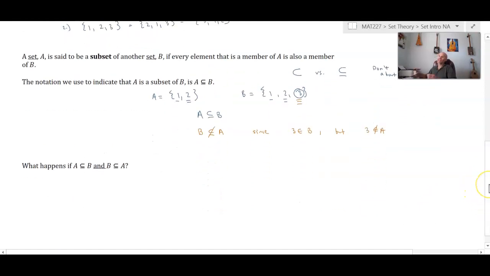Now, an interesting fact can happen, and the question we might have is, well, what if they're both subsets of one another? Well, if I think back to the A and B example, A was a subset of B, but B wasn't a subset of A because B contained more elements that were not a part of A. So that might lead us to think, if all elements in A are also in B, and all elements in B are also in A, then they must be the same set.